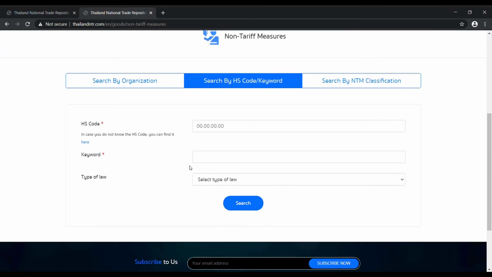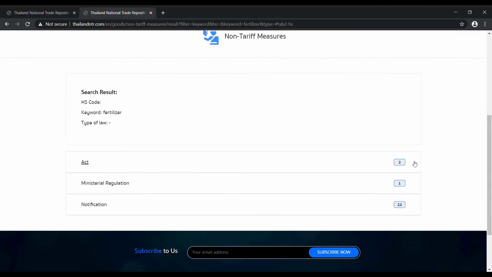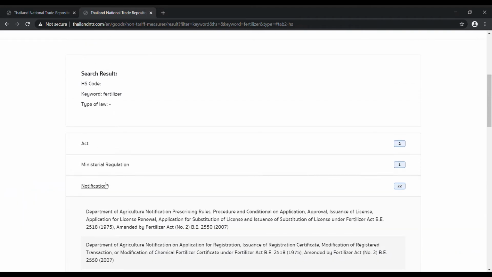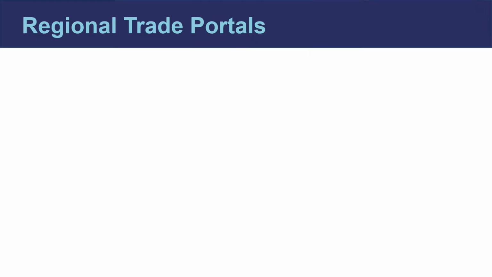Thailand's TIP has several additional features, such as this repository of relevant administrative and court rulings, which can be searched by organization or commodity classification code. However, while most of these documents are translated into English, some are available only in the local language.